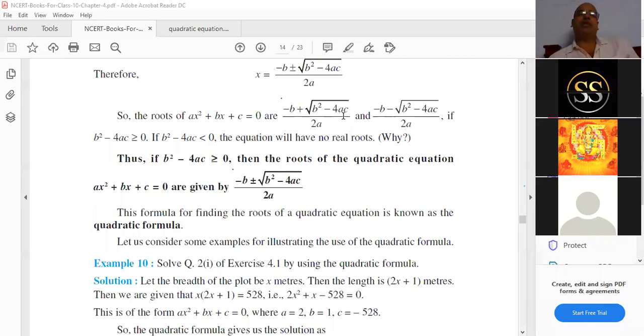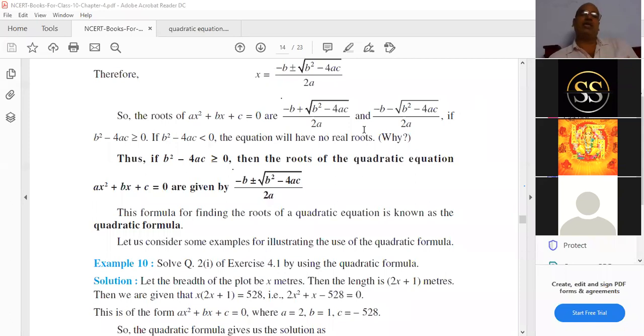This b square minus 4ac is called the discriminant of the equation, capital D. If capital D is equal to 0, real roots exist and they are equal. If capital D is greater than 0, real roots exist but they are distinct, not equal. If capital D is less than 0, no real roots exist, and we need not solve the equation.